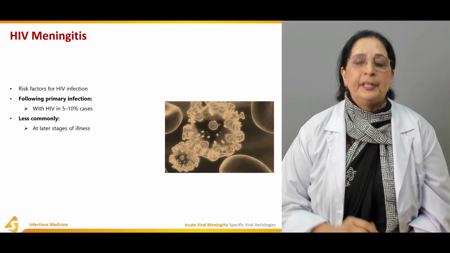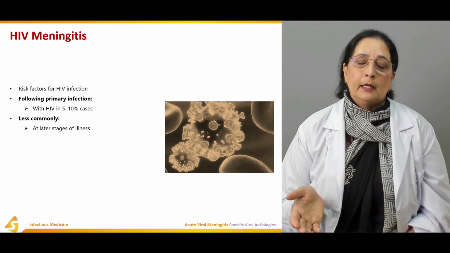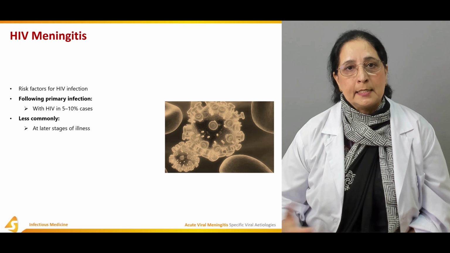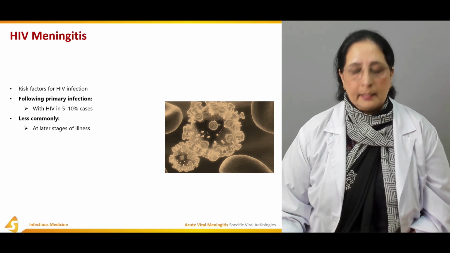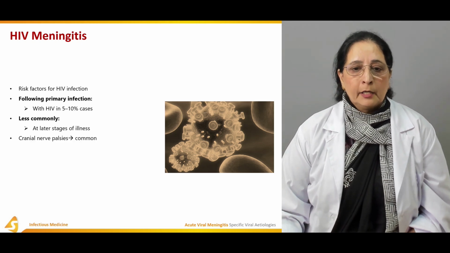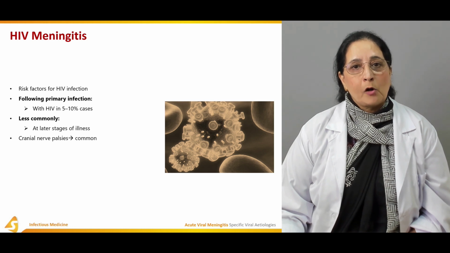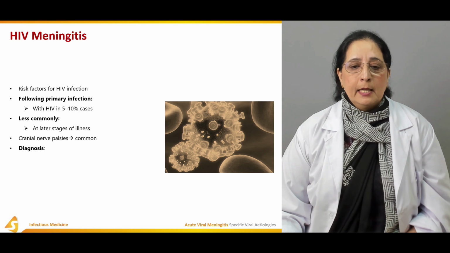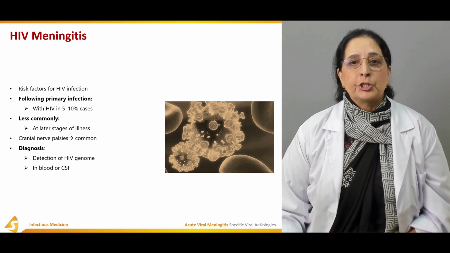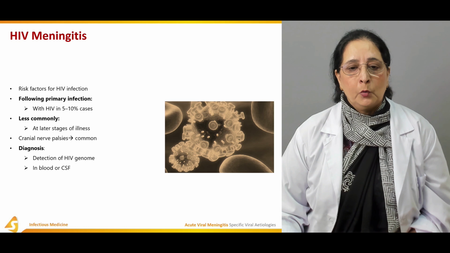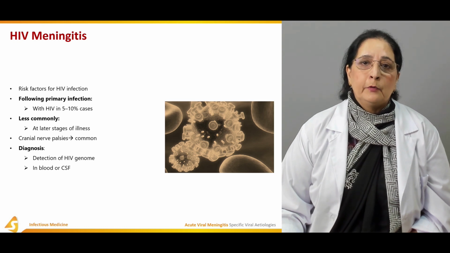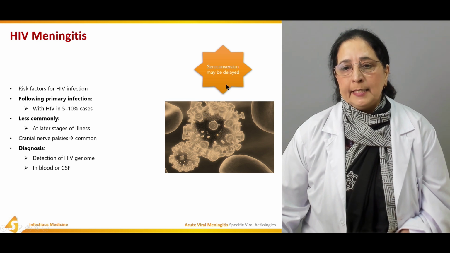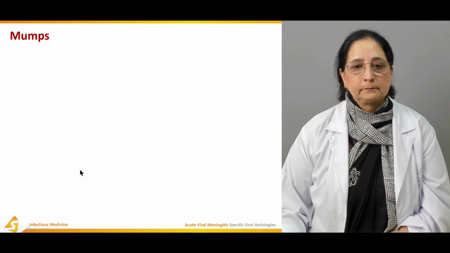So primary infection is associated in 5 to 10%, but as the disease progresses, chances are less. Cranial nerve palsies are commonly associated with HIV meningitis. Diagnosis is by detection of HIV genome in blood or cerebrospinal fluid. Seroconversion may be delayed.